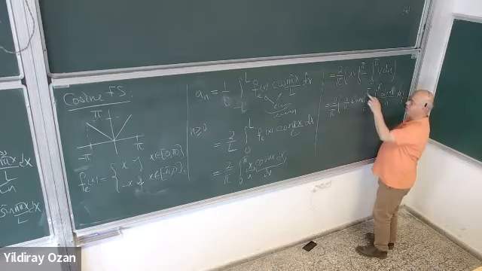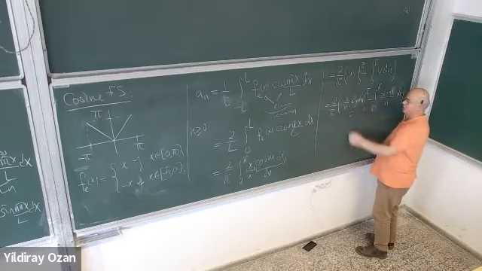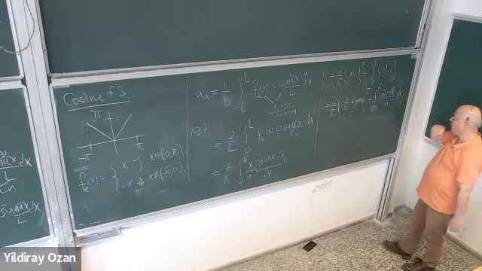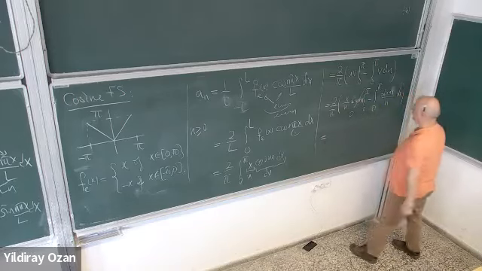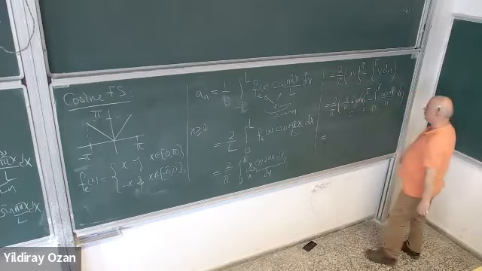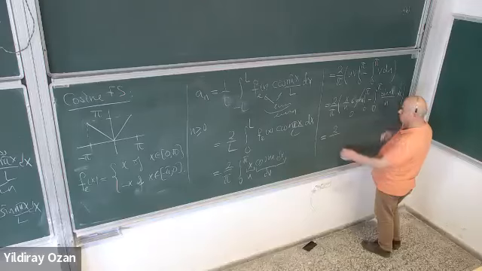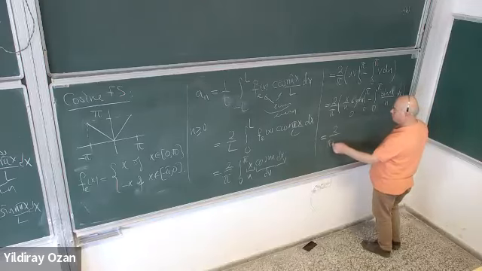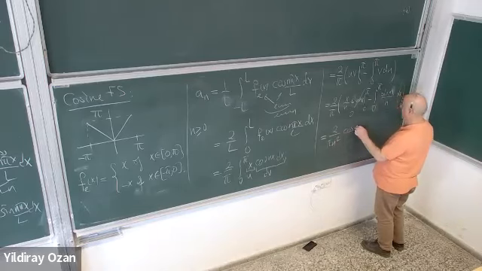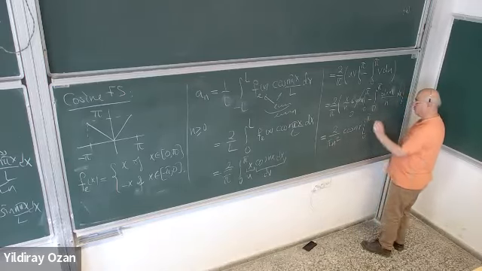Now, when I plug in pi for x, this will be 0. When I plug in 0, it will be 0. So this term is just 0. And I need to take the integral of this again. The integral of sine is minus cosine over n, so another minus sign, and this will be plus 2 over pi times n squared, cosine nx from 0 to pi.